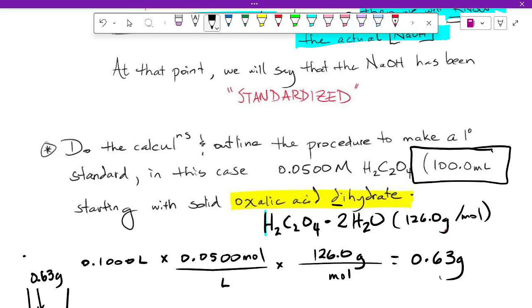Add water into the beaker? If we add water into the beaker, how much water would we like to add? 100 milliliters? So if I add 100 milliliters to that solid, will I get 100 milliliters of solution? No, because the volume of the solid takes up space. So I cannot just add 100 milliliters.